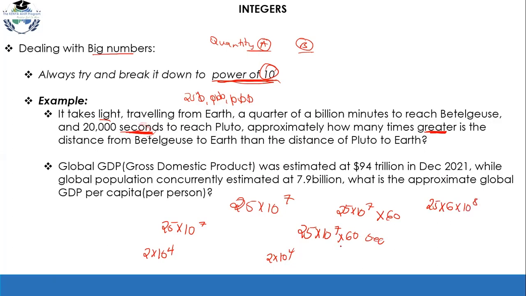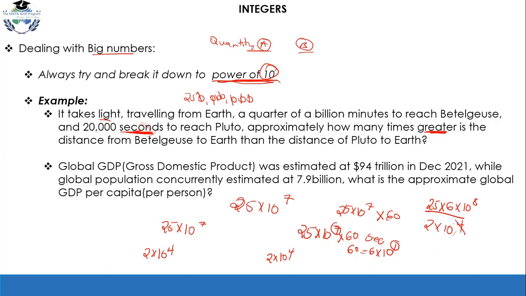How did I find that? 60 is 6 times 10, which is 10 power 1. So we have 25 times 10 power 1, and then we have 10 power 7. So 10 power 7 times 10 power 1 is 10 power 8, divided by 2 times 10 to the power 4. So this one is 10 power 8 divided by 10 power 4. That's 100 million divided by 10,000.